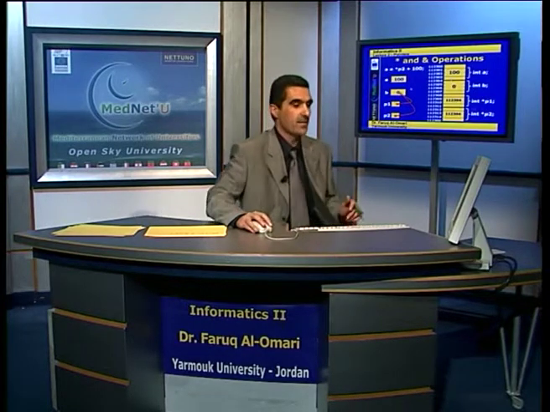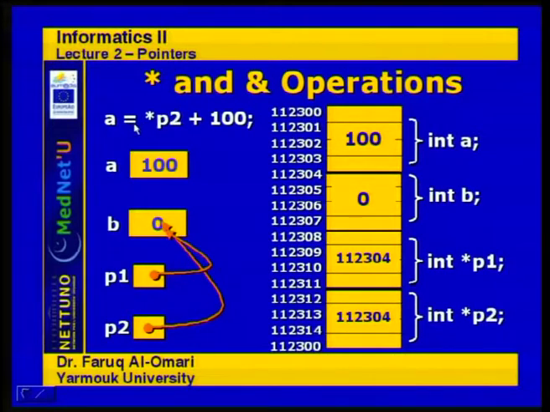I can say something like A equals to whatever data pointed by P2 plus 100. Fine, this is a valid C statement. It says, assign a new value to the variable A. That new value is whatever contained at this location, add 100 to it.